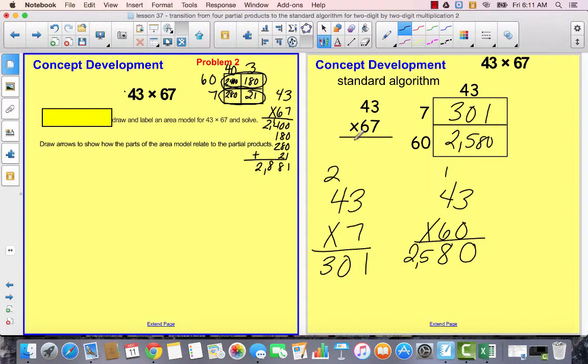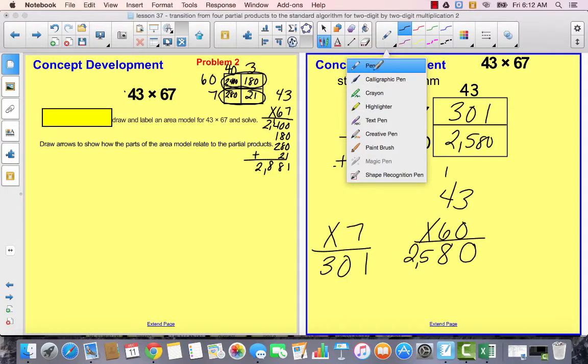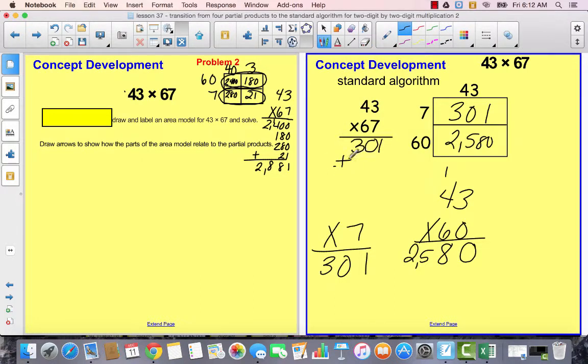Now I'm going to come over here and list them underneath my expression, and add them together. I'm going to do a little bit of erasing because it got a little tall right here. Okay, so now I have 301 plus 2,580. I'm going to add this together. I'm going to go full screen here.